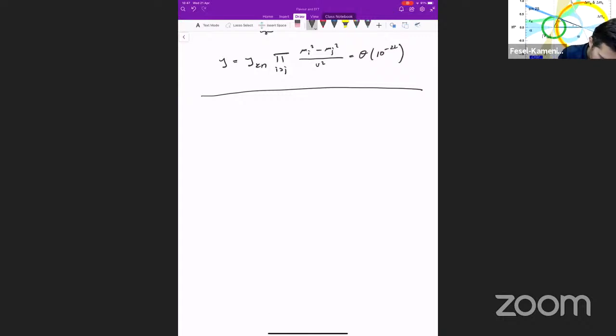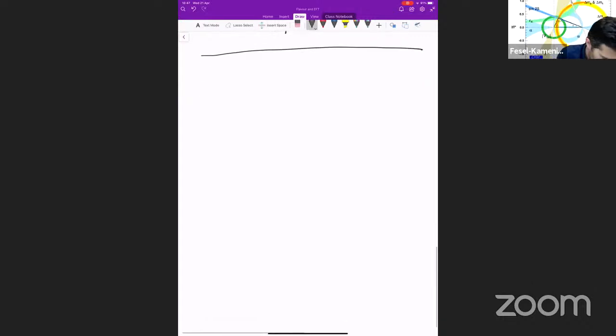So we will devote the next 45 minutes to a closer look at CP violation in neutral meson mixing.